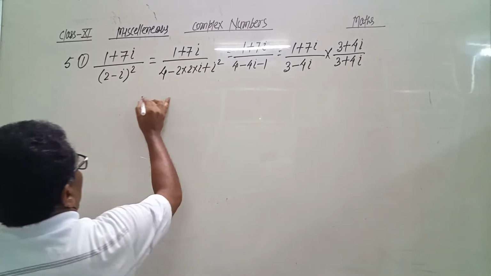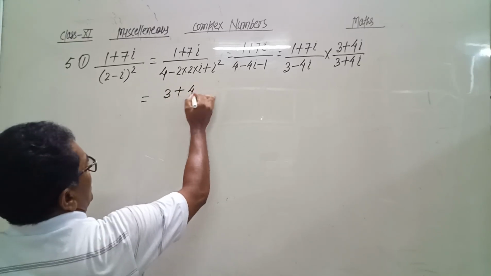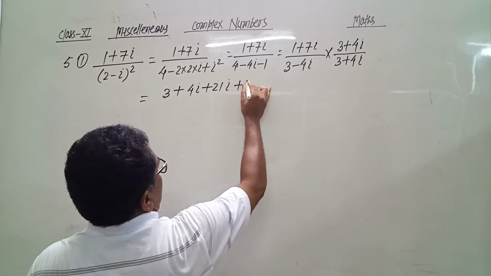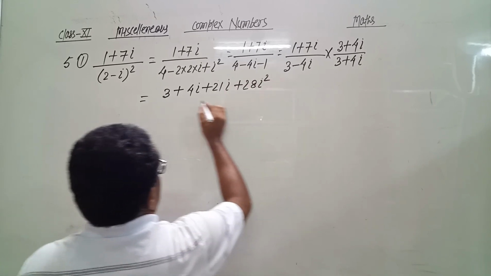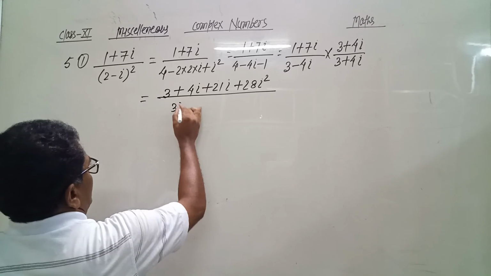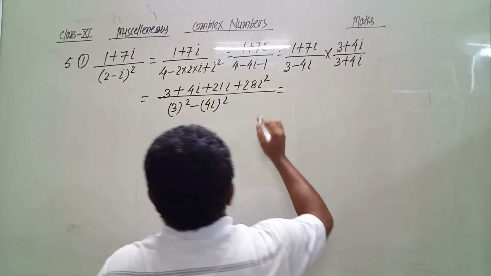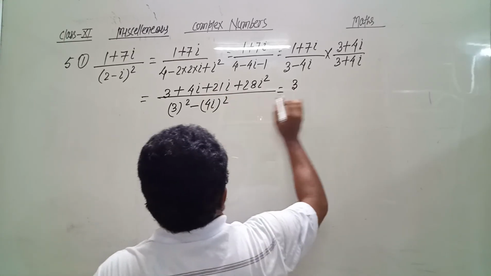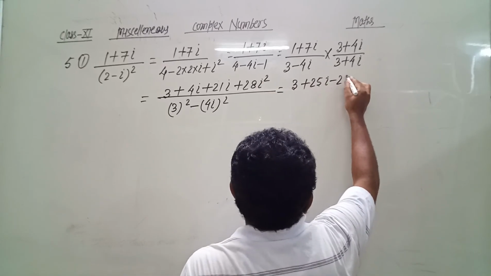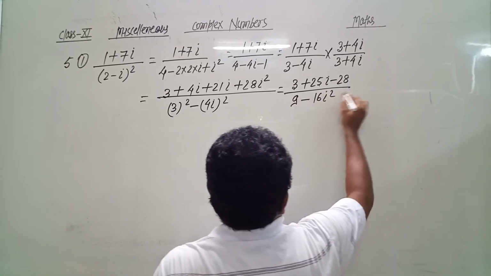So we get 1 multiplied by 3, 3, plus 4 iota, plus 21 iota, plus 28 iota square, and in the denominator (a minus b)(a plus b), so a square minus b square. From here we get 3, 4 iota plus 21 iota is 25 iota, and iota square is minus 1, so minus 28, upon 9 minus 16 iota square.